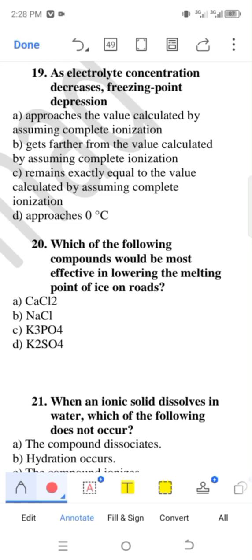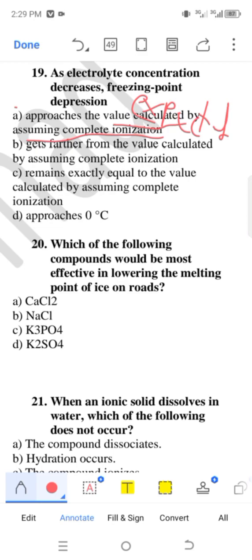So here it's stated that when the concentration decreases, freezing point depression, delta TF, must approach toward the calculated. Here the term of the value calculated by assuming complete ionization means the expected values, because we assume it's 100% ionized, but in reality, because of the attraction between the ions, there will not be such values in actual.